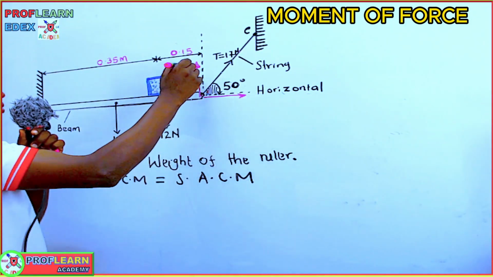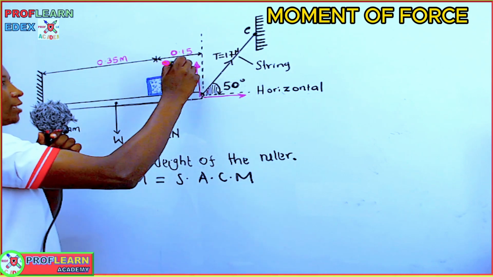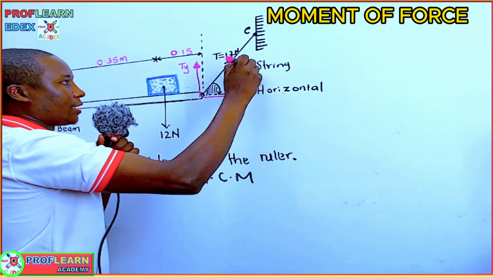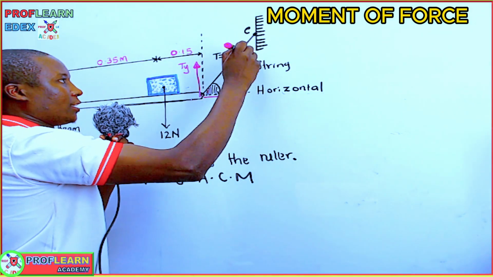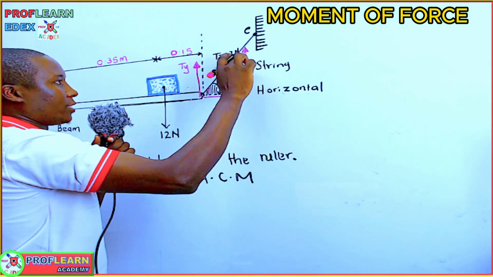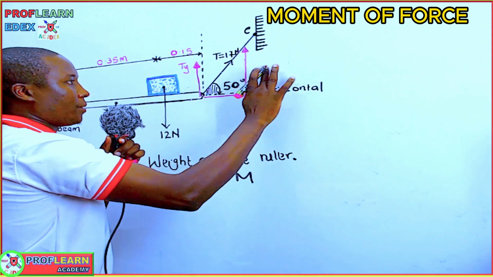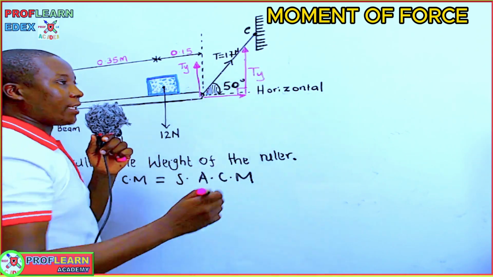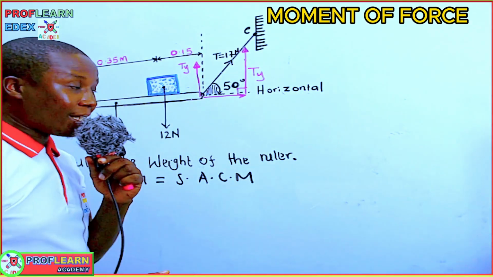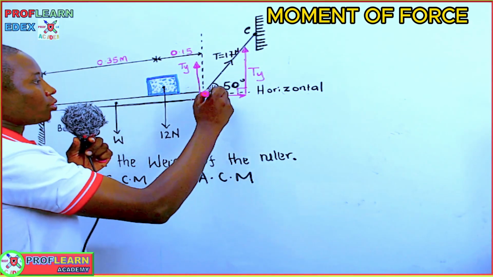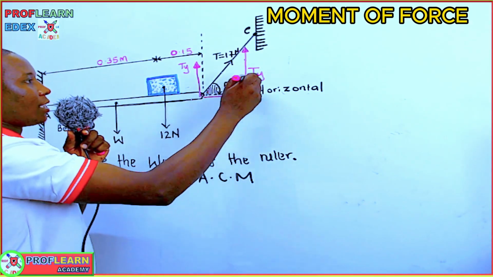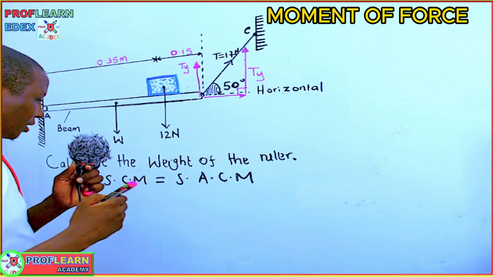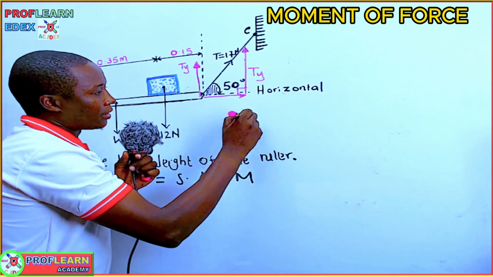The tension in the y direction, we can transfer to this other side. This is now the tension in the vertical direction, or the y direction. We can use this angle of 50 degrees with the opposite and hypotenuse to get the vertical component.